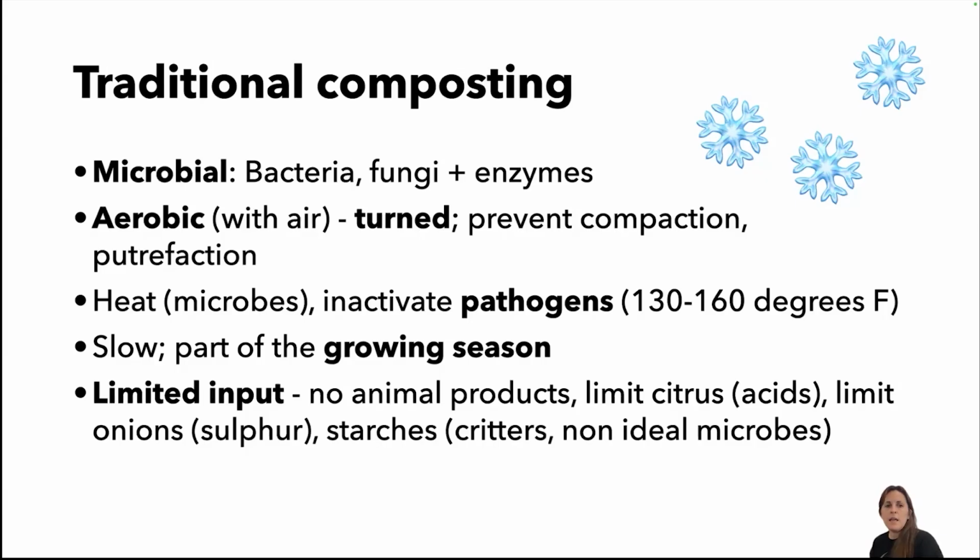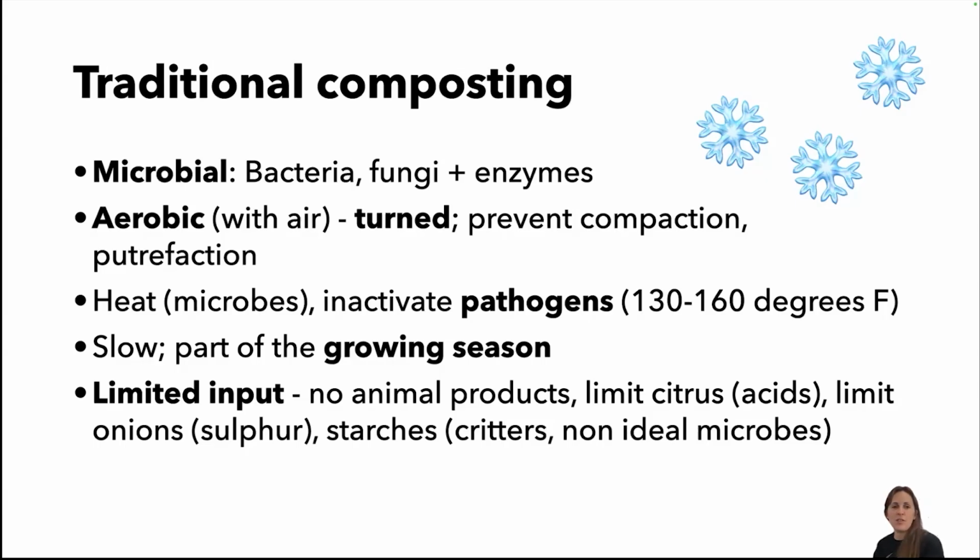And so they stop with their composting abilities. And then additionally, a drawback for traditional composting is that there is limited input. So you can't put in animal products. You need to limit citrus, and that's because of the acids that are present in citrus peels in particular. We need to limit onions, which are very high in sulfur. That's part of what makes a compost pile stink if you add onions to it. And then also the starches. And this has more to do with the critters.